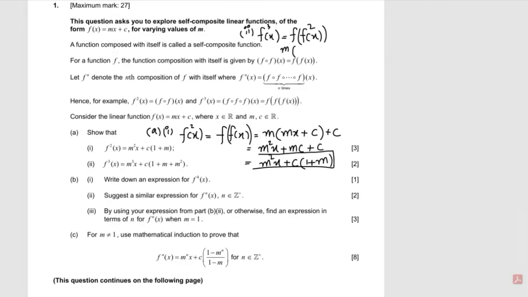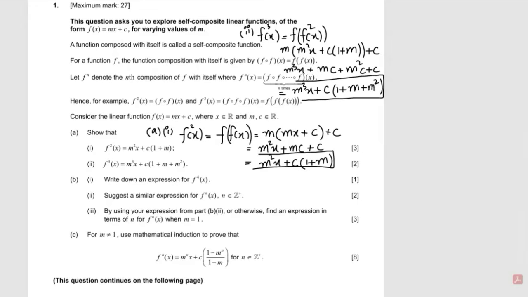This will look like m times (m squared x + c(1 + m)), and don't forget the plus c as well. So m cubed x + mc + m squared c + c. Finally, I can write m cubed x, and if I factor out c, it becomes c(1 + m + m squared). Okay, so I managed my solution in this tiny place.